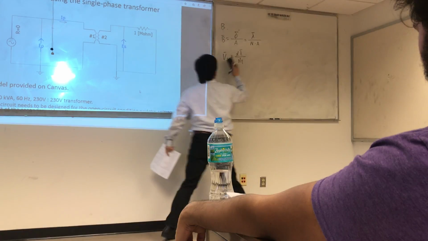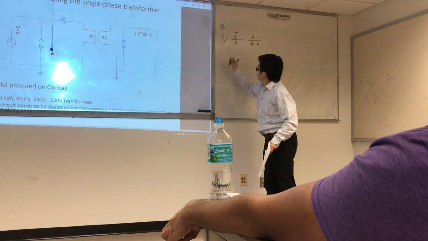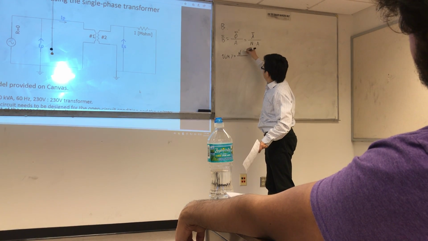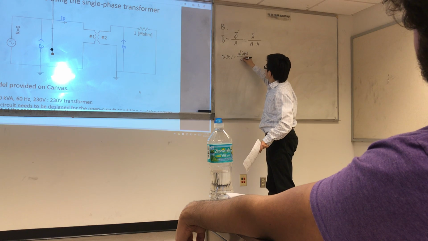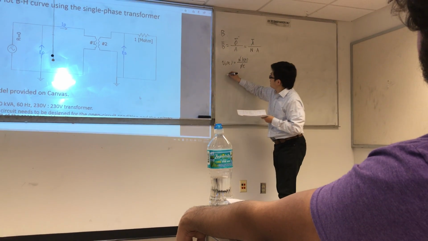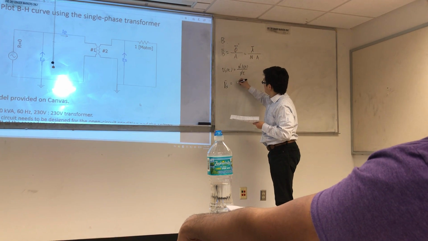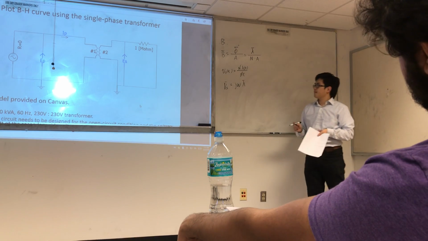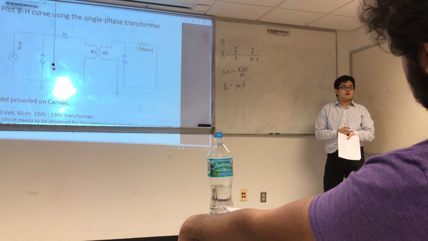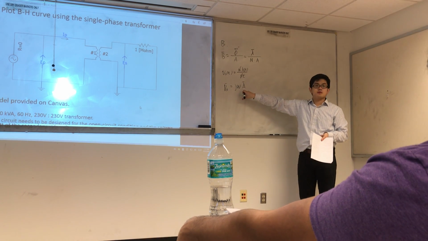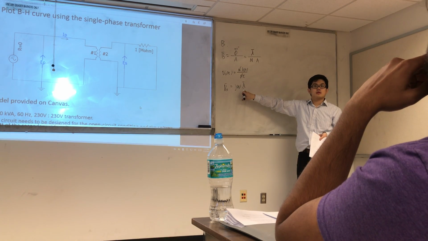We cannot use this format. Vs(t) equals d lambda dt. If we write it in phasor, Vs equals j omega lambda. So can we use Vs to replace lambda? Can we do that?